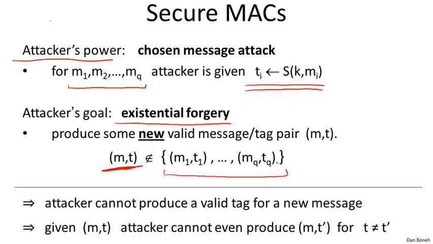So I want to emphasize that existential forgery means that the attacker cannot produce a new message tag pair, even for a message that's completely gibberish. And again, you might wonder, well, why do we care if the attacker computes a tag on a message that's gibberish? That's not of any value to the attacker. But we want to build MACs that are secure under any usage settings.